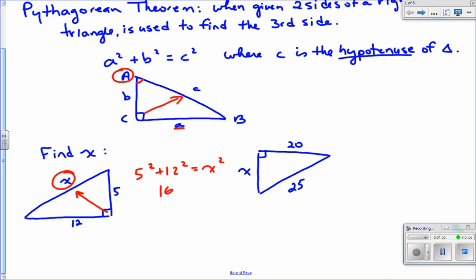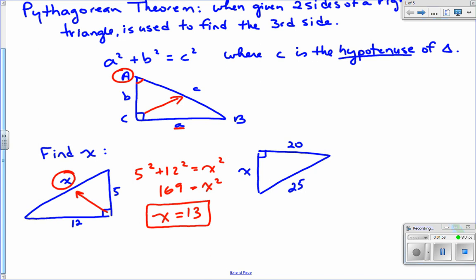So 169 is x squared, and we'll take the square root of both sides, so x equals 13. In this case, we're only going to consider the positive square root of 169 rather than negative 13, because we would not use negative 13 to represent the length of a side of a triangle.